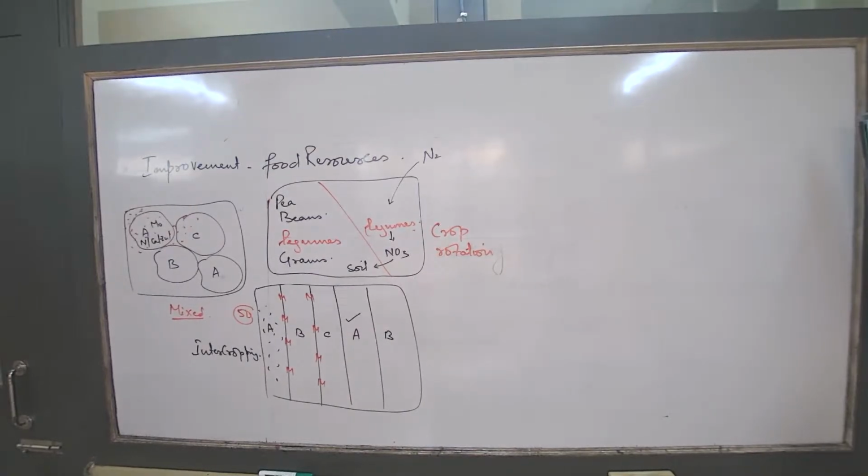What were the two methods? Hybridization and... I think you've written the answer also. One is hybridization and the other is making changes in the DNA. What is it called? Genetic modification.